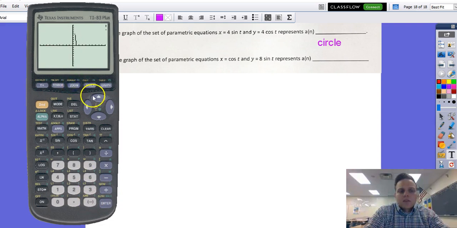Zoom 6. Zoom 0. And then zoom 5. And what does that look like? An ellipse.